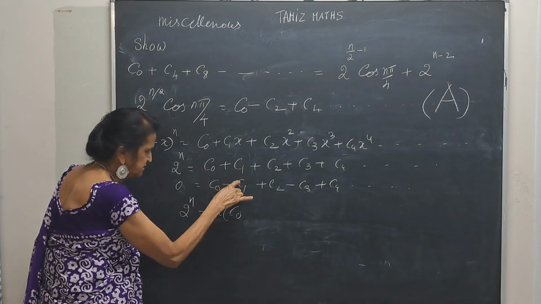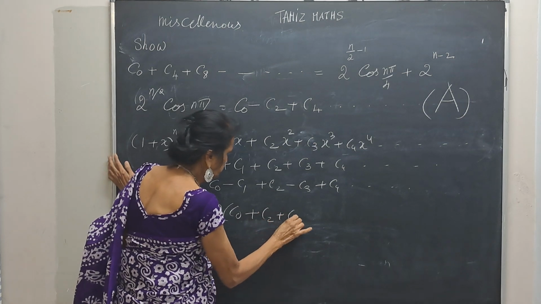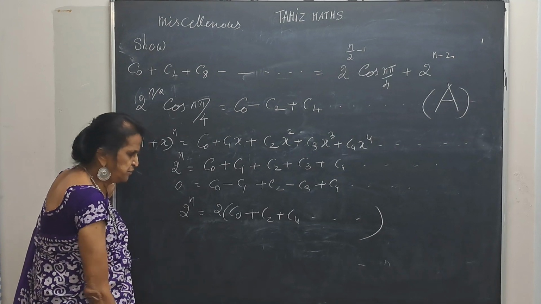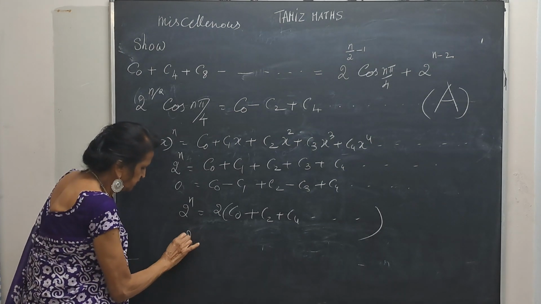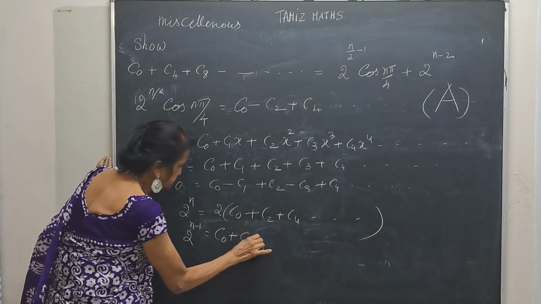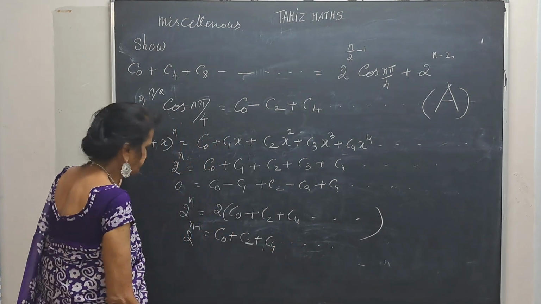The odd terms get cancelled, leaving 2 C2, 2 C4. So now divide both sides by 2. 2 to the power of n minus 1 is C naught plus C2 plus C4 and so on.